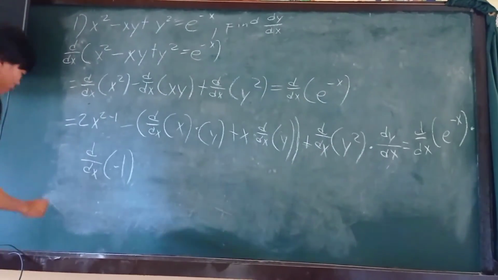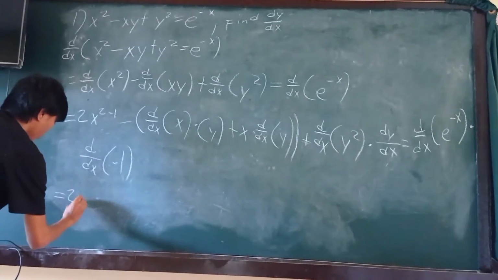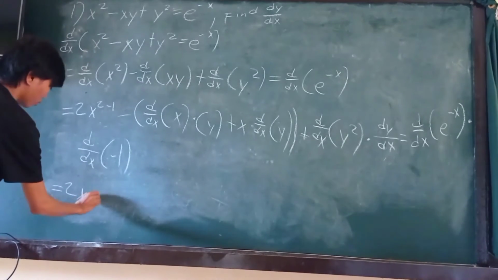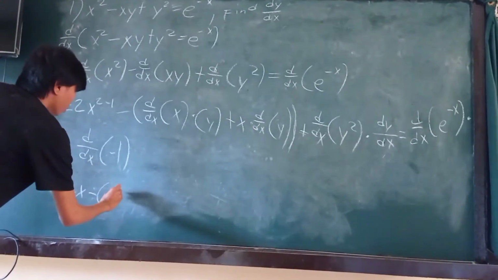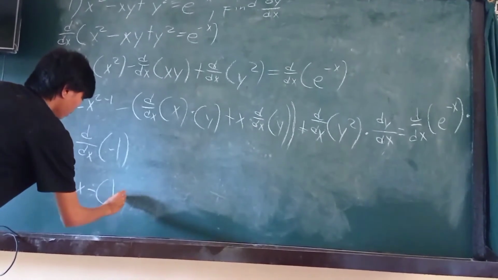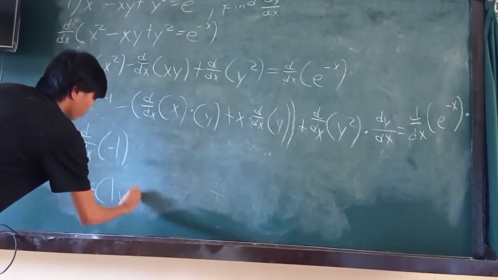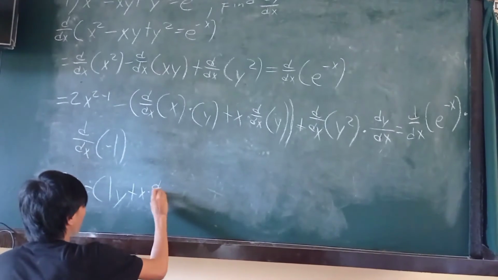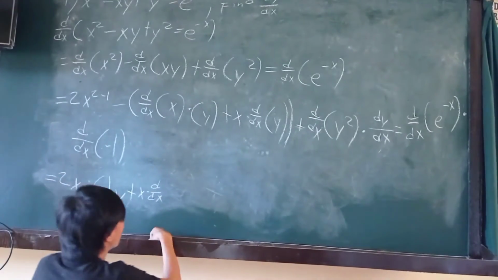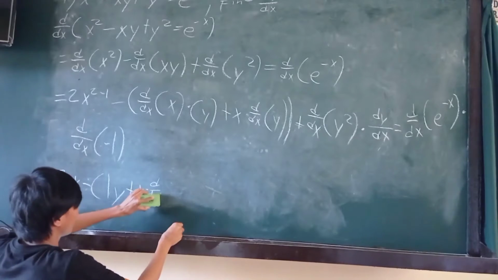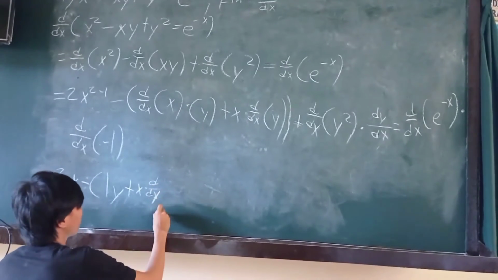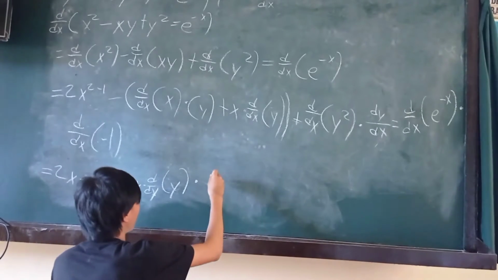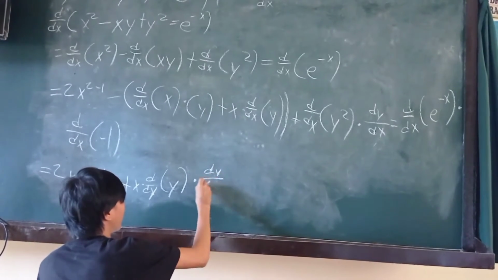Calculate the derivative. So 2x, then for this term we use the product rule. So 1y plus x times d over dx of y, which is dy over dx.